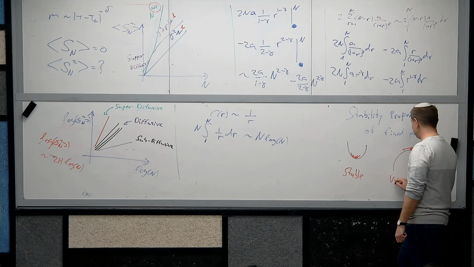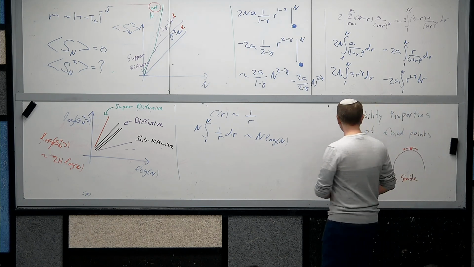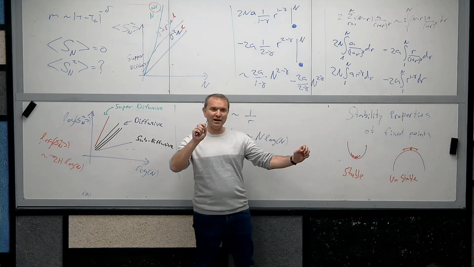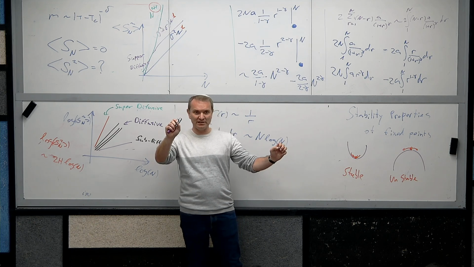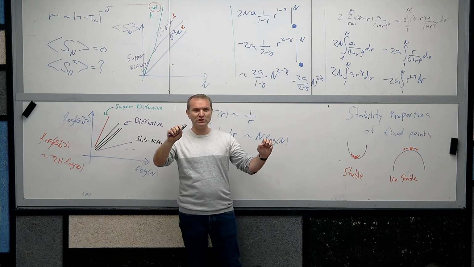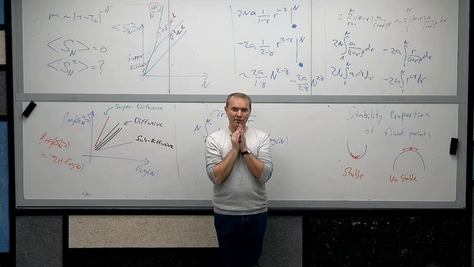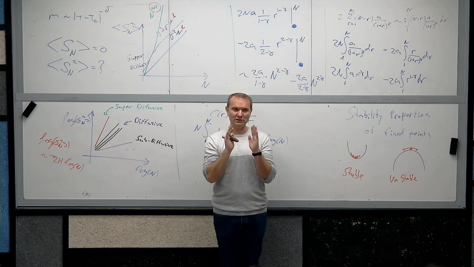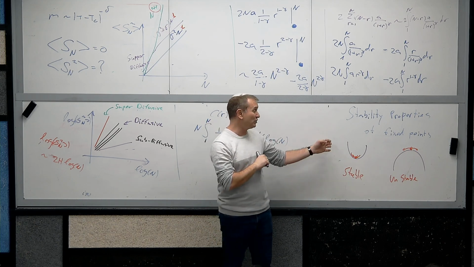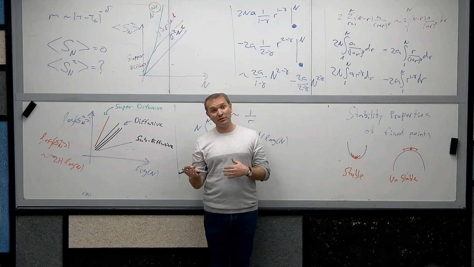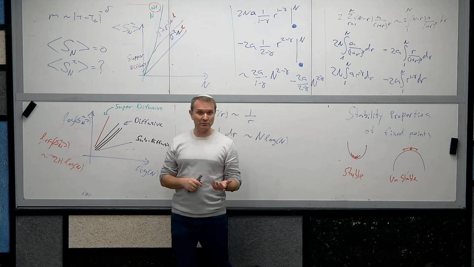This is unstable. When the particle is located exactly at the minimum or exactly at the maximum of the potential, the forces are zero and it's a fixed point. If you put the particle there and do not move it, it will stay there forever. This is why it's called a fixed point. But some of them are stable, some are unstable.